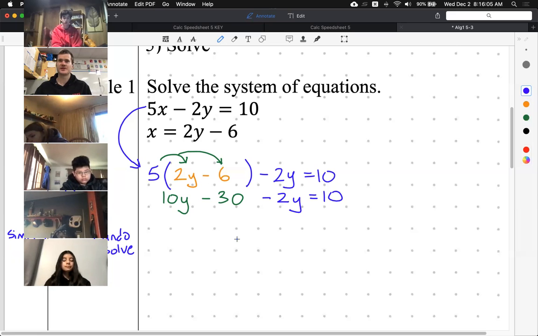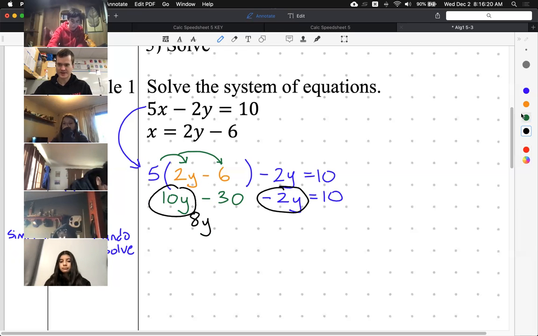Can someone help me simplify that left-hand side? Yeah, Giorgio. Add the negative 2y to the 10y, so it's just 8y. There it is, yeah. 8y came from the 10y minus the 2y, and I still have the minus 30 is equal to 10.